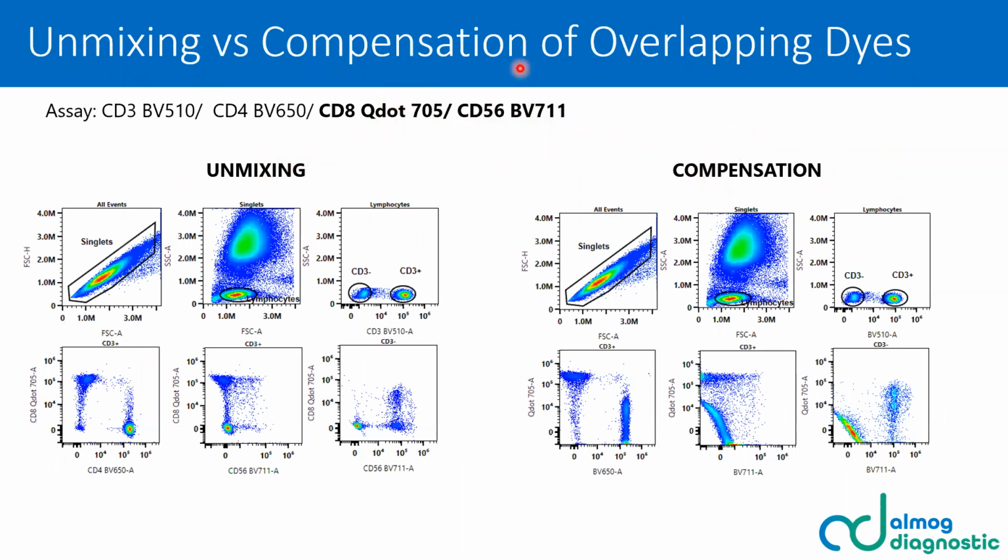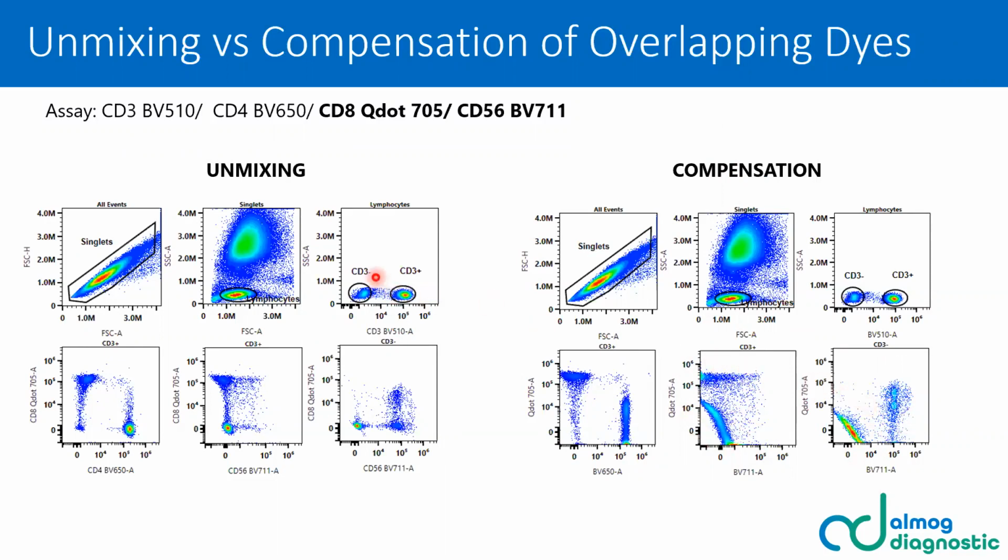These two dyes are heavily overlapping dyes, and as can be seen here in this lower part, we can see that the compensation doesn't work very well because the positive signals are not very well resolved from the negative signals, and the negative signal is not correctly clustered here, and here the double positive signal does not come up correctly.